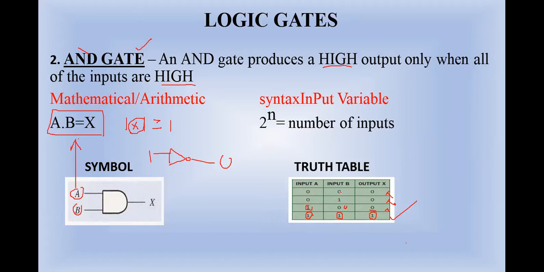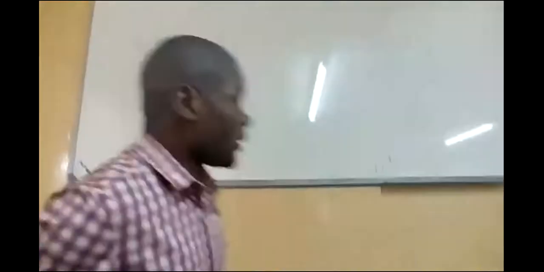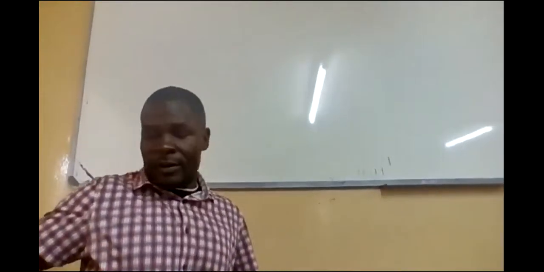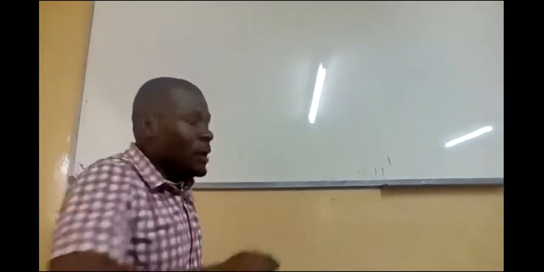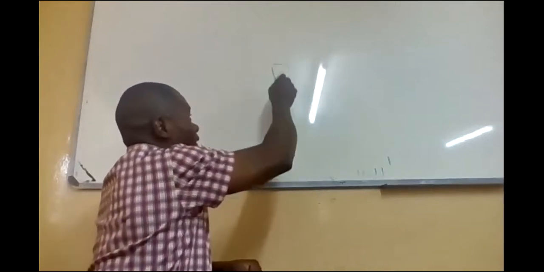Then, how do you draw a truth table? They can give you this gate here, and then they say, draw the truth table for this gate. So to understand that, like you were saying, the line here is straight.